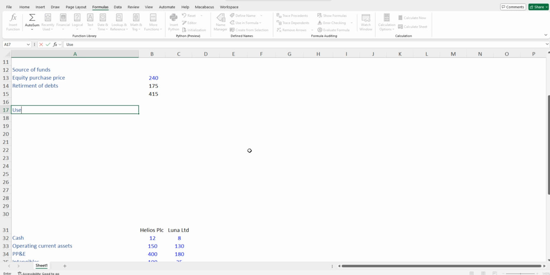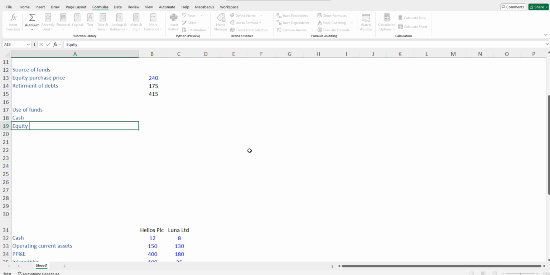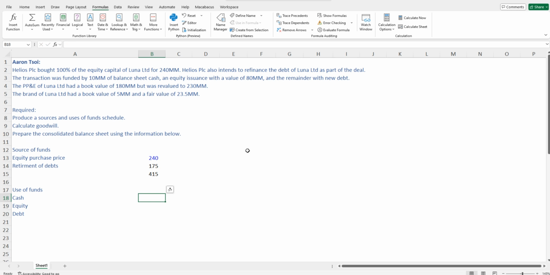Now for the use of funds, we know it will be cash, equity, and debt. Cash will be just $10 million. Equity will be 80. So what about the debt?